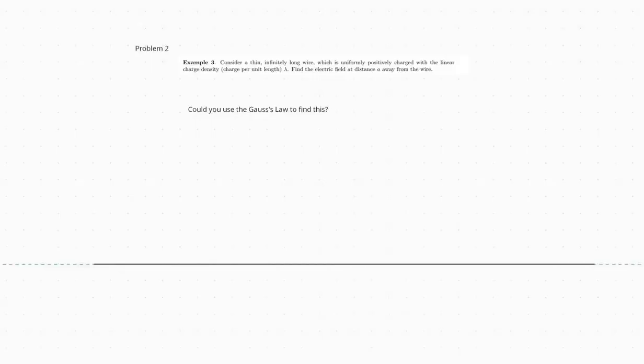So you have a long wire, and lambda is the charge density, the charge per unit length.